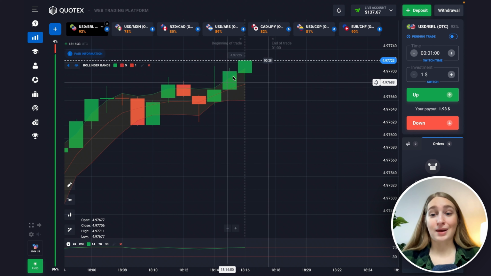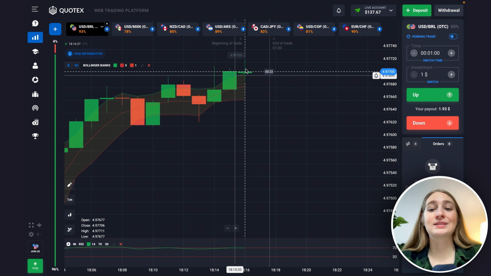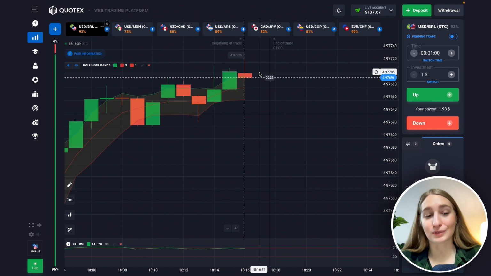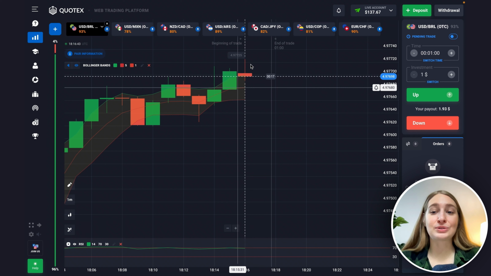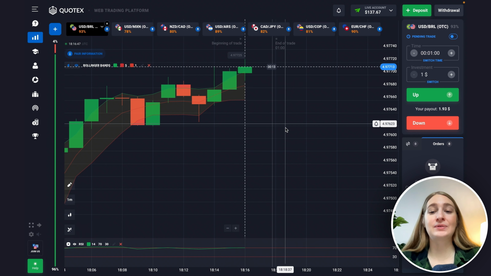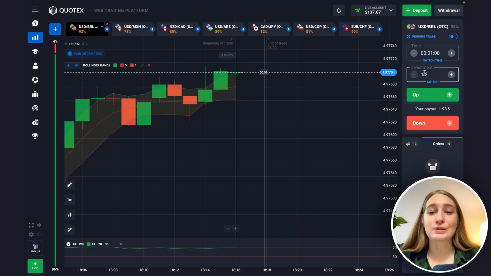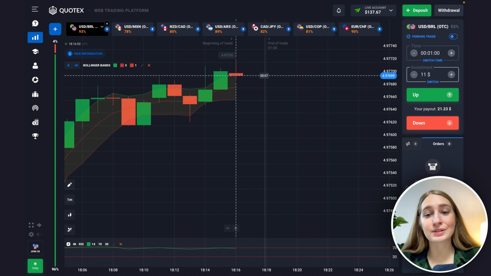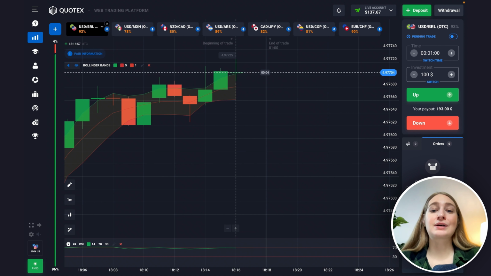But thank God we have Bollinger Bands showing us that candlesticks are laying on the green line of it. Anyway, the situation is not really certain, and I want to give it some time. We will think about our investment box, so like $100, and I think that will be good enough. And let's check out the situation with a call option.